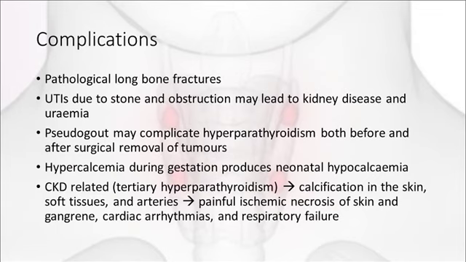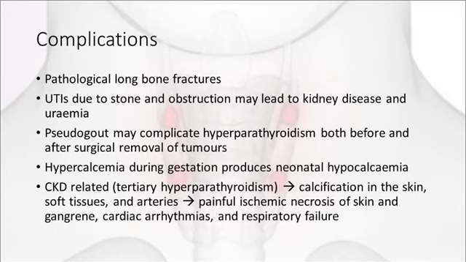Urinary tract infections may occur due to the obstruction caused by stones as well as uremia. Pseudo-gout may complicate hyperparathyroidism both before and after the surgical removal of the tumor. Hypercalcemia during gestation produces neonatal hypocalcemia.